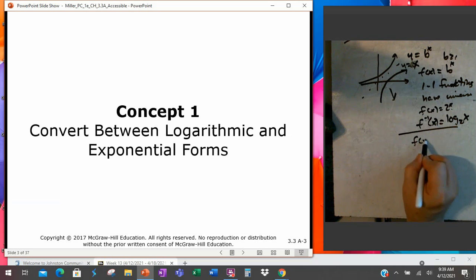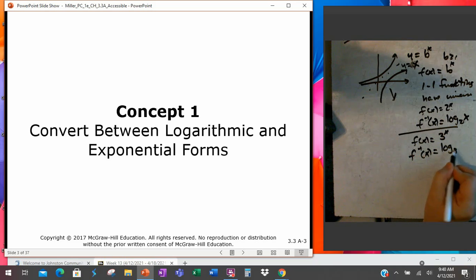The graph f of x equals 3 to the x has its own inverse. That inverse is log base 3 of x. This is the exponential base 2, log base 2. Exponential base 3, log base 3.